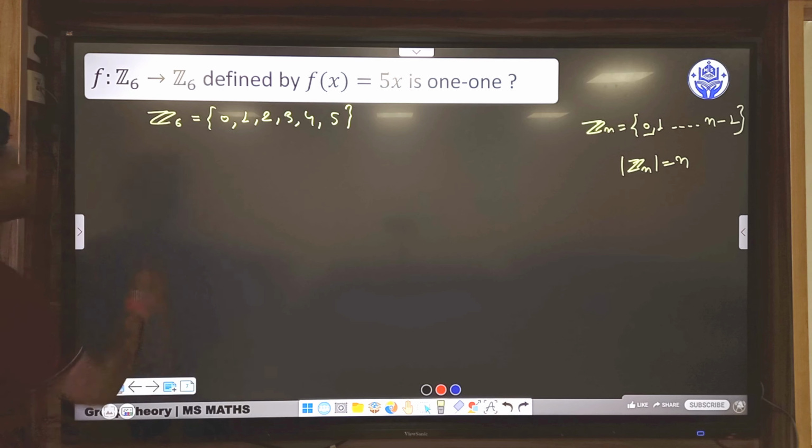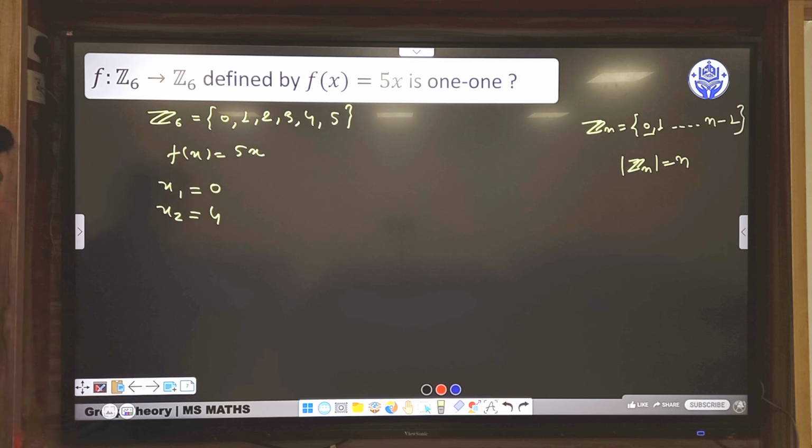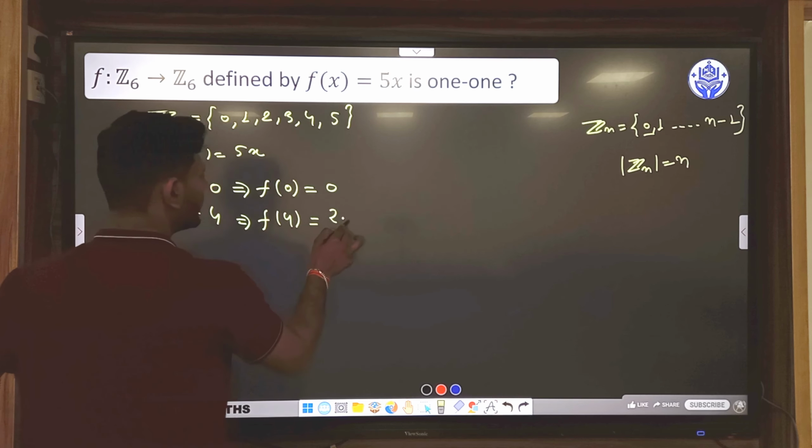Now my function is defined like this: f of x is equal to 5x. I will take x1 as 0 and x2, let's say, 4. Then f of 0 is 0, and f of 4 is 20.